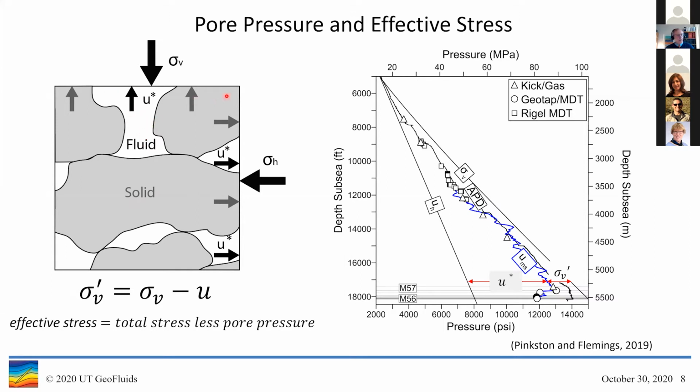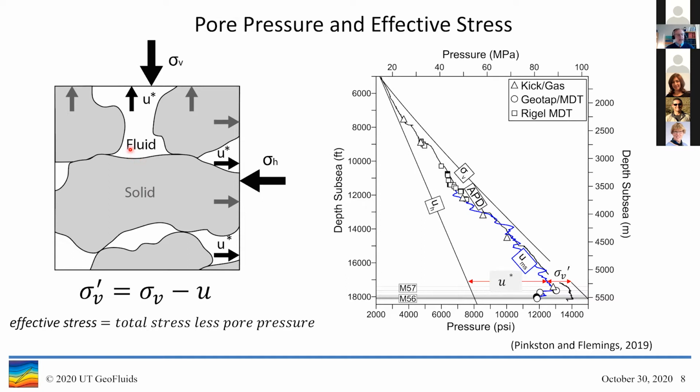And the rock itself is subject to stresses, for example, the total vertical stress right here. And something that I'll talk about is what we call the effective stress. The stress the grains themselves feel is the difference between the total stress pushing down and the pore pressure pushing back, because that is what the rocks feel themselves.